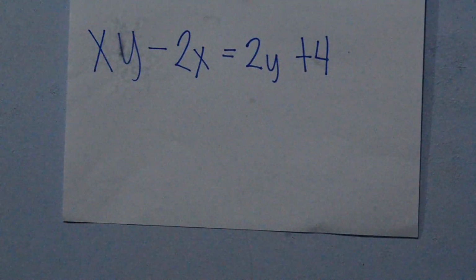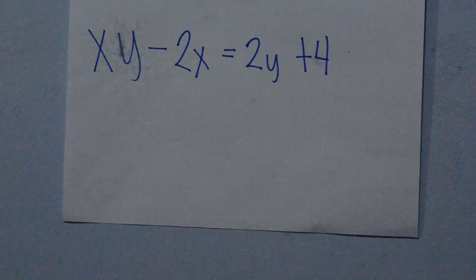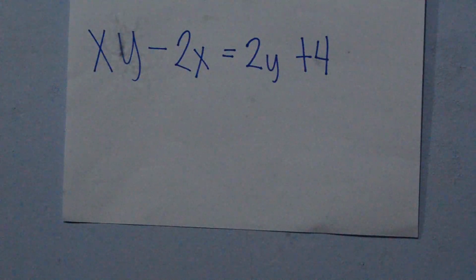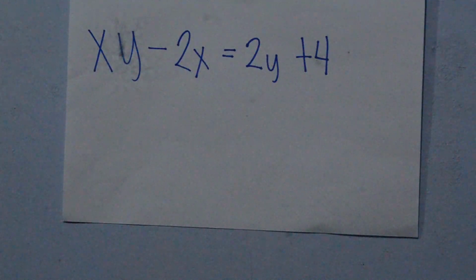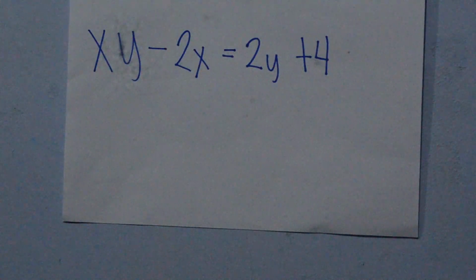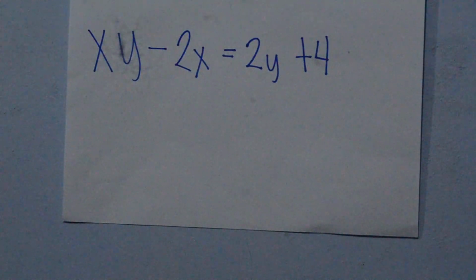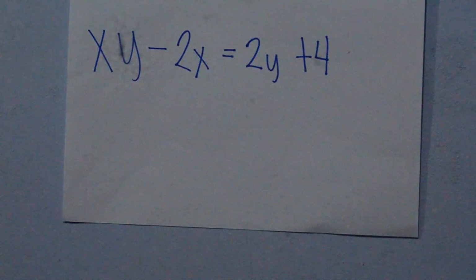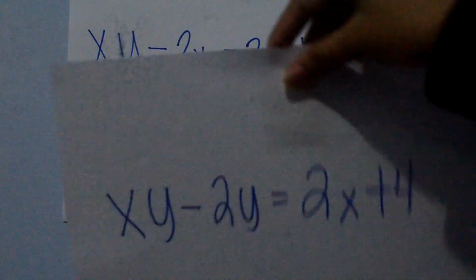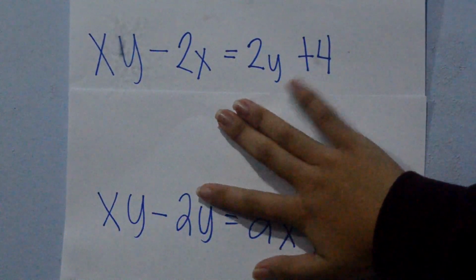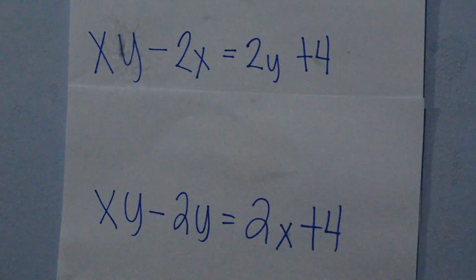Multiplying both sides, we arrive at xy minus 2x equals 2y plus 4. We transpose 2y to one side and 2x to the other side. And it's going to be xy minus 2x equals 2y plus 4.